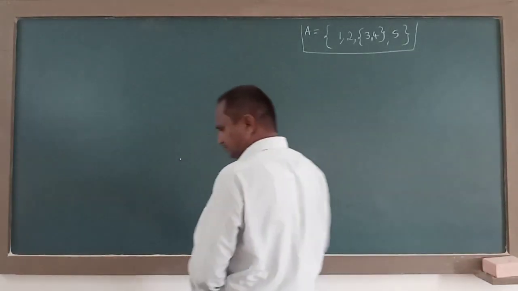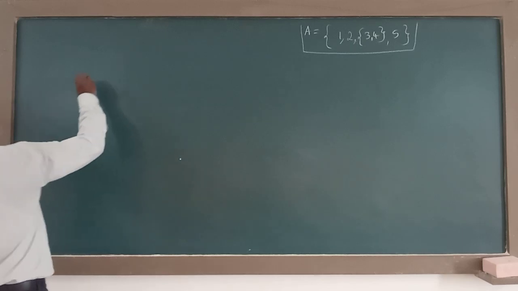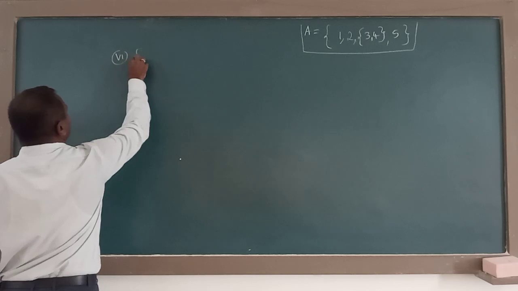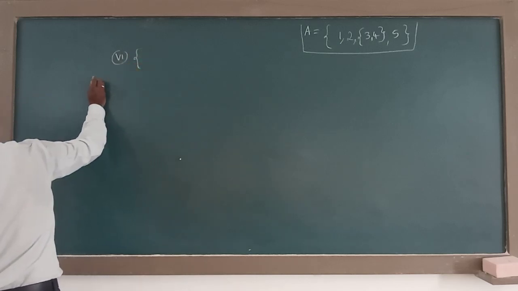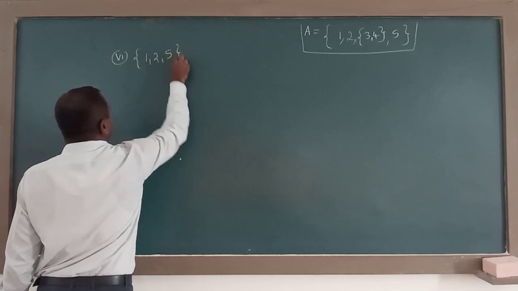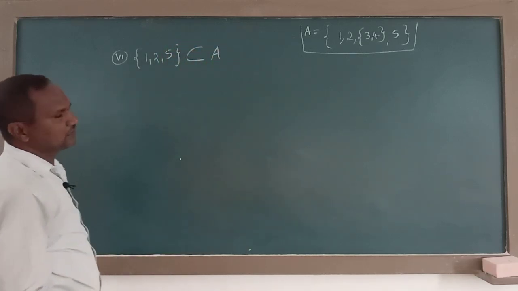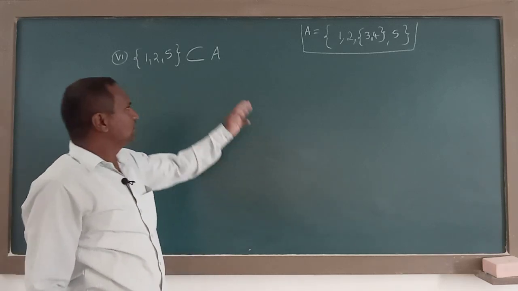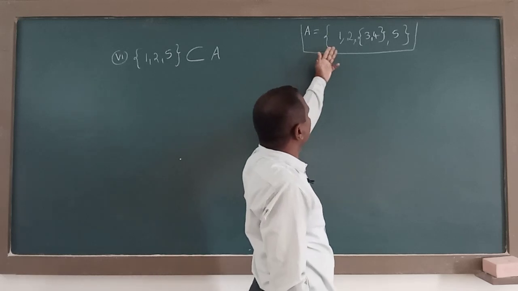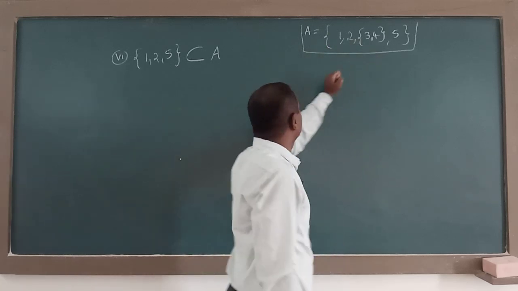Next question is the sixth question. Set of the elements 1, 2, 5 is a subset to capital A. Yes, the given statement is correct because I have already written the elements of set A: 1, 2, set of the elements 3, 4, 5.